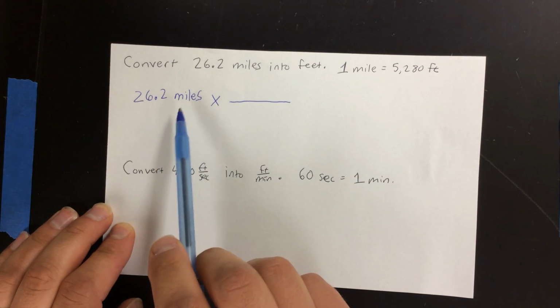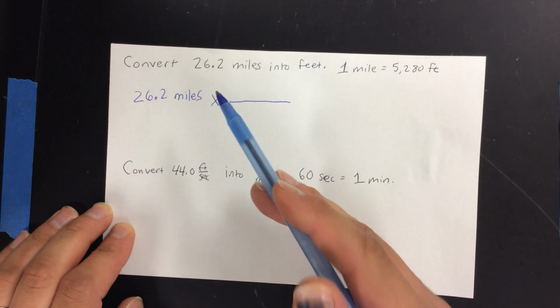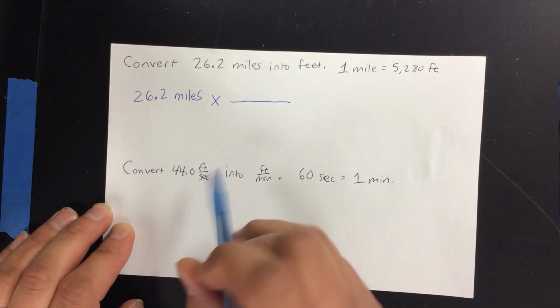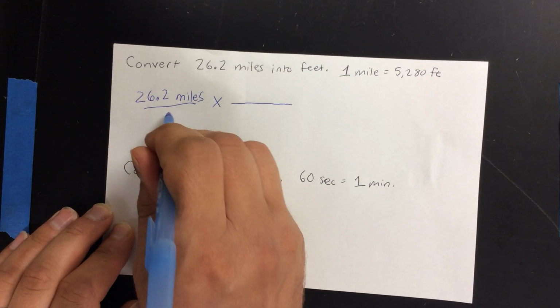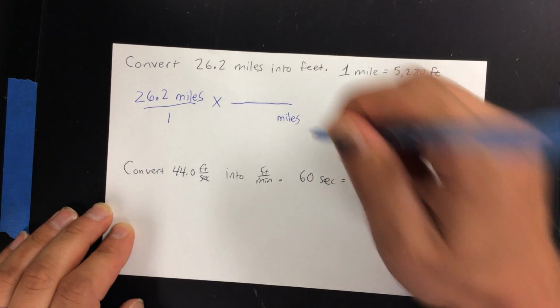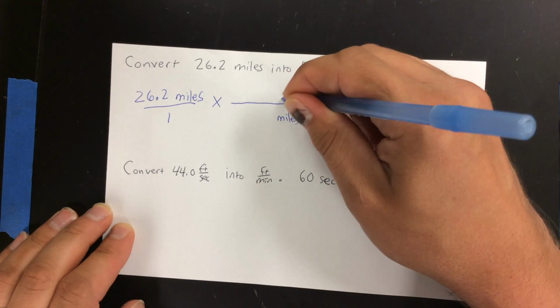On the fraction, we want to cancel out the units we don't want and leave ourselves with the units that we do want. So we have miles, but we want to change miles into feet. So since miles here is on top of a fraction, to get rid of it, we will put it on the bottom of the next one. And then we want to leave ourselves with feet.